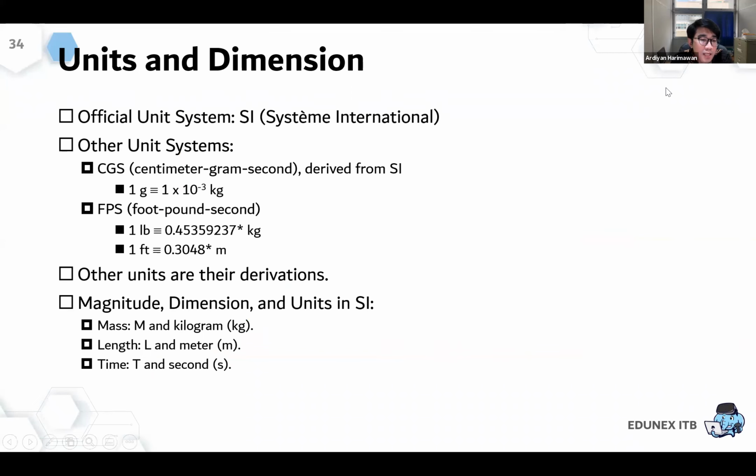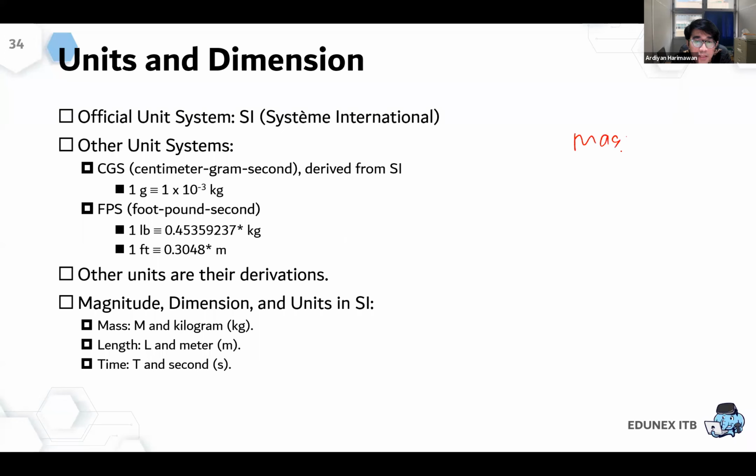Okay. In this subject, later you will be dealing with lots of units because we will deal with quite a number of properties. So each property has its own units. Units are comprised of certain dimensions. You still remember, right?